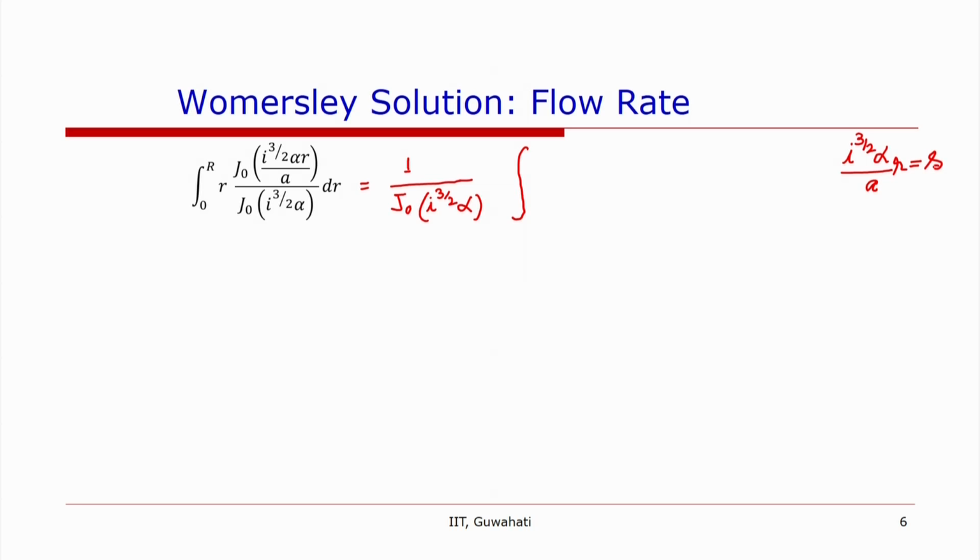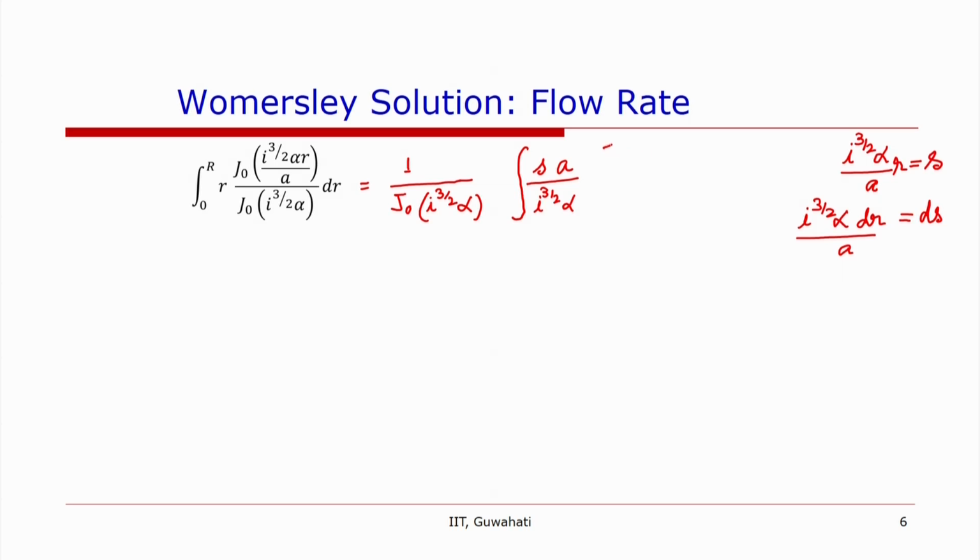So we can do a change of variable here. If we do that, then we also need to change the differential term. So ds is equal to i to the power 3 by 2 alpha dr over A. Now if we substitute in place of r, we have s over i to the power 3 by 2 alpha over A.